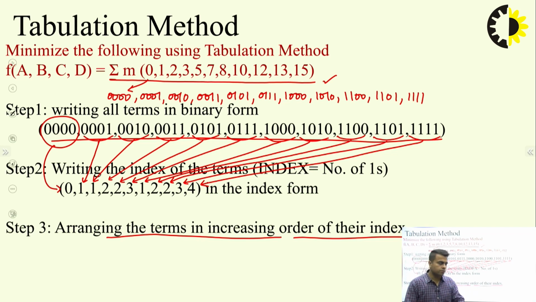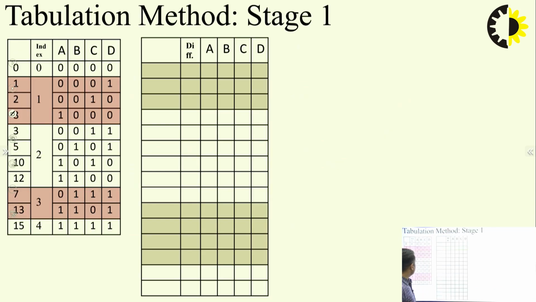Then we have the one corresponding to 1, then 0 0 1 0, that means 2. Similarly, then 1 0 0 0. So the sequence will be 0, 1, 2, 8 and so on.